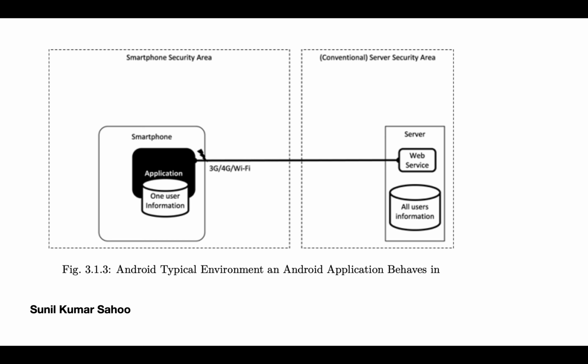In most applications, we make a network call to the server to fetch some information, and also we store some user information in maybe an SQLite database or shared preference. So this is one overall design of server client communication.